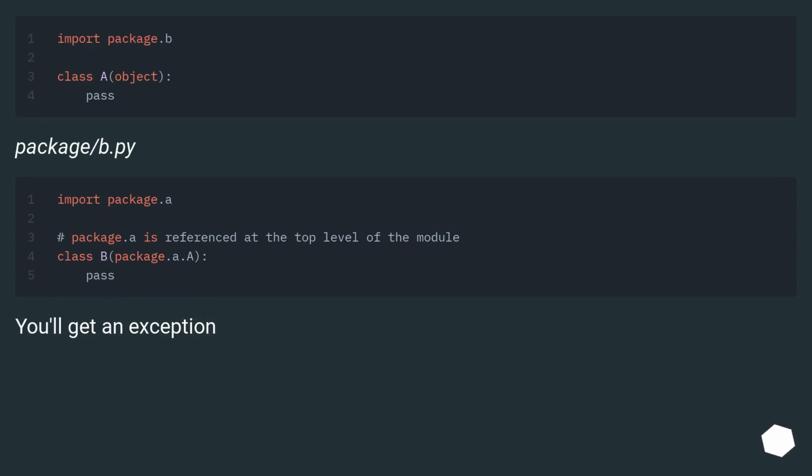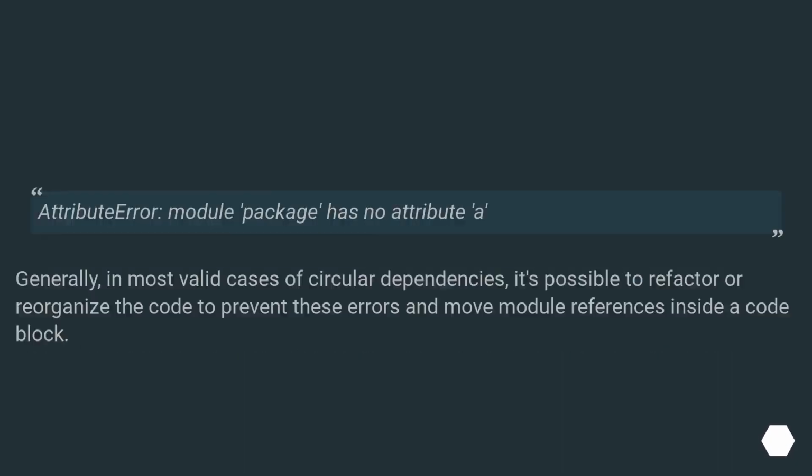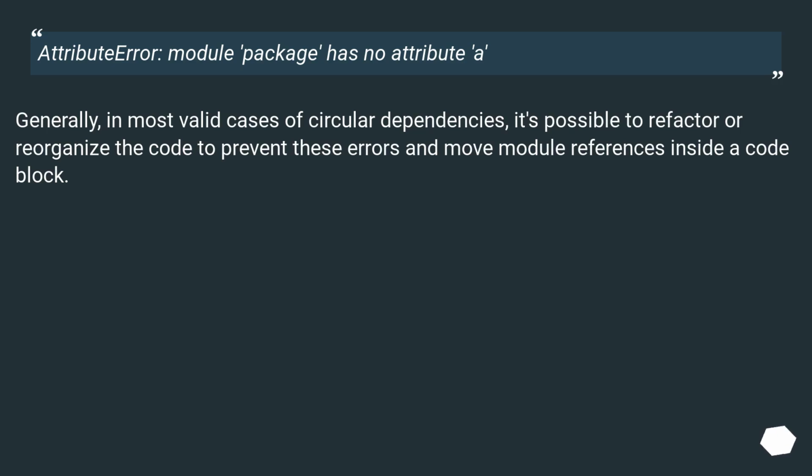You'll get an exception: attribute error, module package has no attribute A. Generally, in most valid cases of circular dependencies, it's possible to refactor or reorganize the code to prevent these errors and move module references inside a code block.